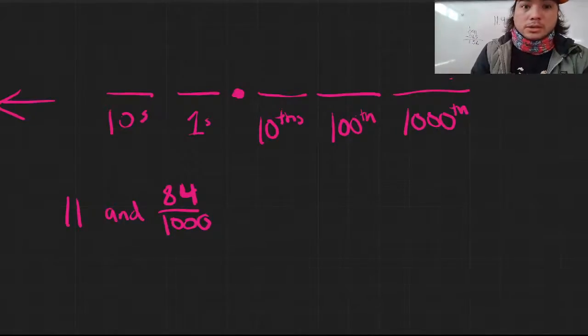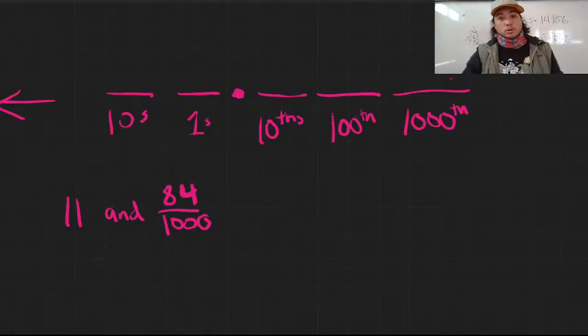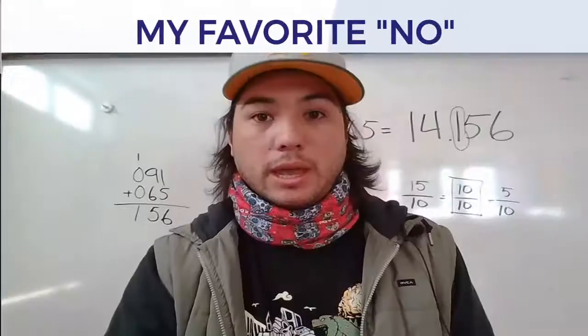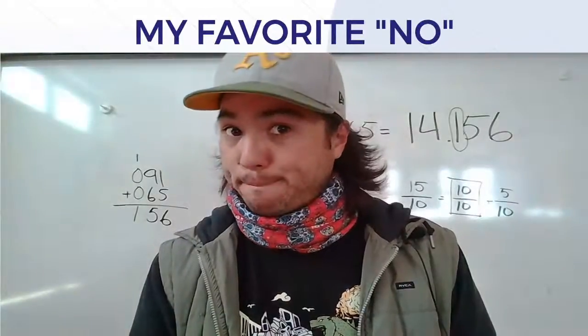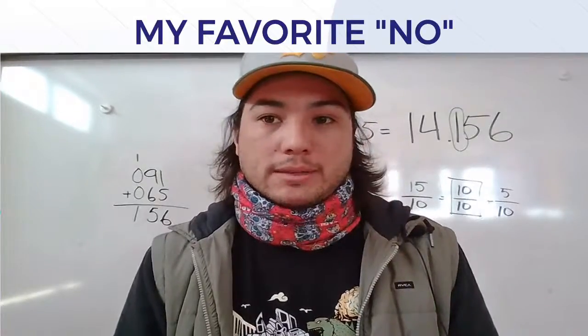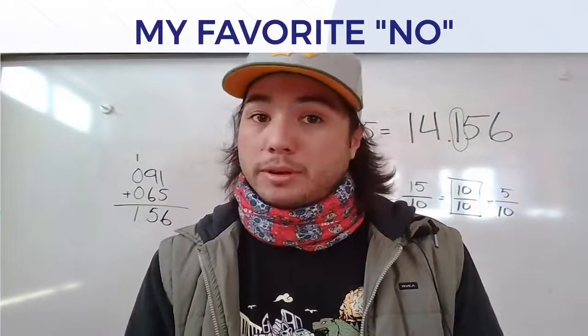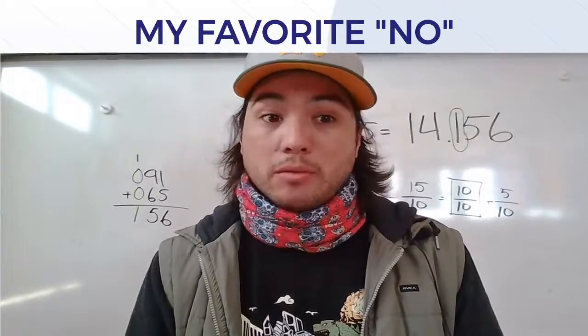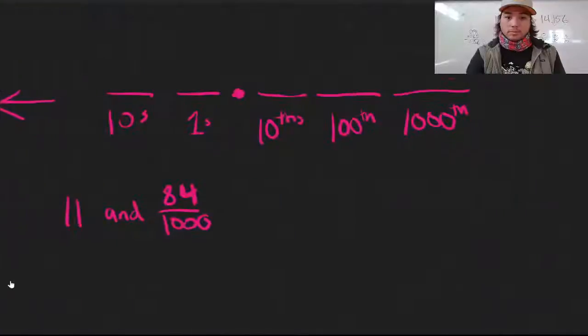All right, so on your exit ticket, you're going to have two different kind of things to do here. Okay, the first one is around that naming. You're going to get some numbers and asked to write them and name them. So write them out and put those places below, just like on the whiteboard here.